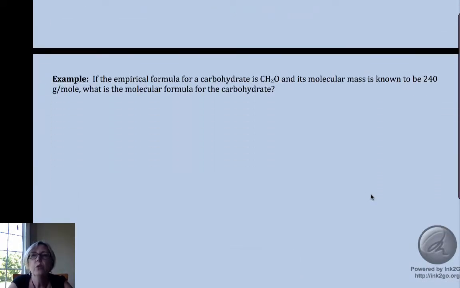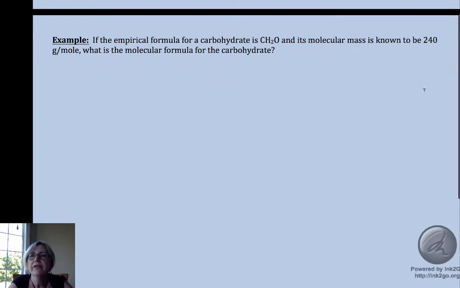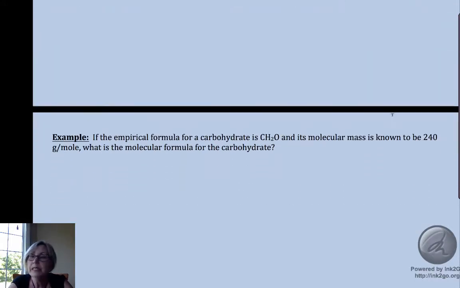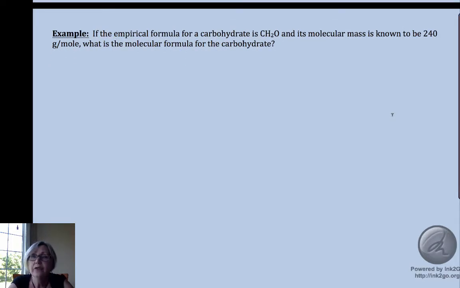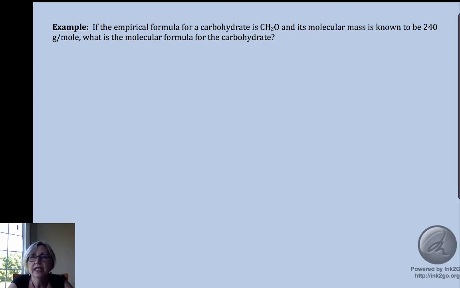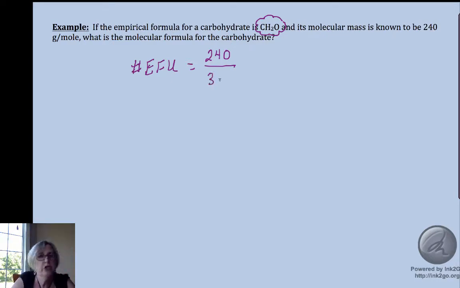Okay, let's do one more. We have, again, another empirical formula. It doesn't give you a whole lot of information. We have another CH2O. This time, my number of empirical formula units, the count of these that I have, is going to be the molar mass of my molecule divided by the molar mass of the empirical formula. 1 carbon, 2 hydrogens, 1 oxygen, is 30.